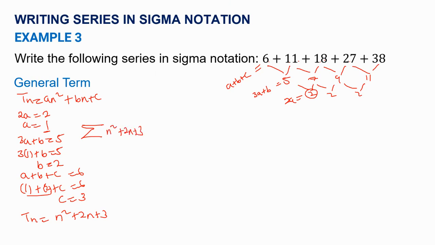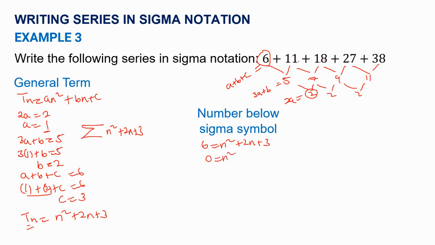Now we need to find the number below the sigma notation. This will come from the 6. So where there is Tn, we put 6. So it's going to be 6 is equal to n squared plus 2n plus 3. Then 0 is equal to n squared plus 2n minus 3.